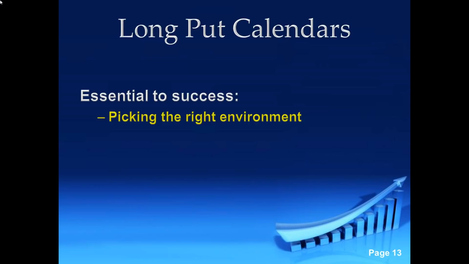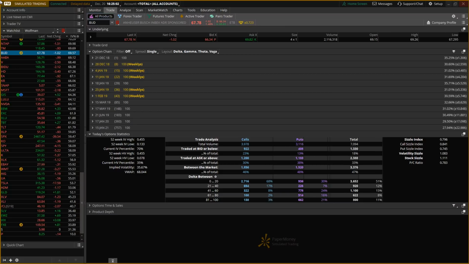For this particular strategy, picking the right environment means that we need, for one, low to medium volatility. The next thing for the right environment is we need the volatility coefficients for the underlying to be very close to one another.